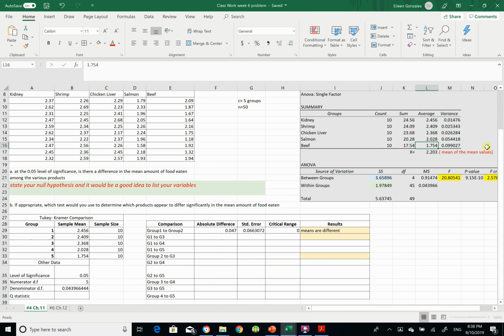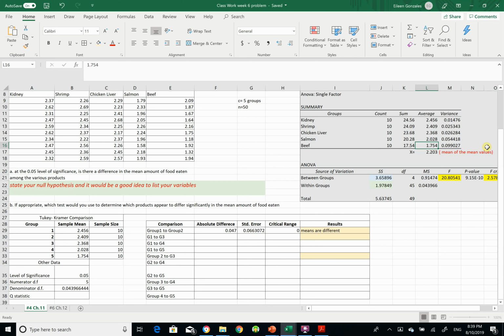Now, the next step is to construct multiple comparisons to test the null hypothesis that the differences in the means of all pairs in the store locations, in the times, are equal to 0.